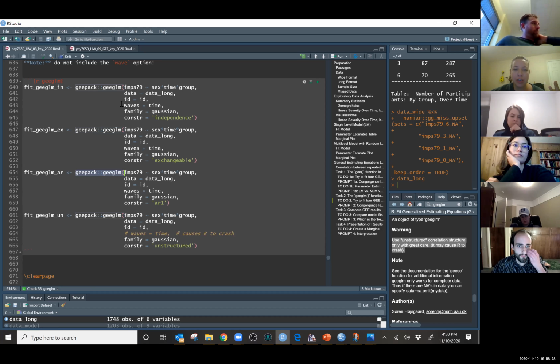Usually in the class example, we put in this option waves equals time or week or observation or something to show the sequence within a person. If you're using the data set that has the blank observations in it, you do not need this. Whether or not you have that in there, the model will fit the same.